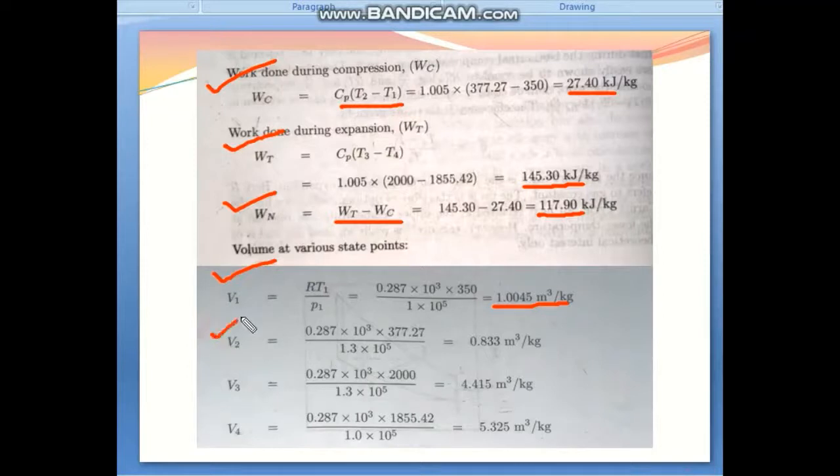Similarly, V2 is R into T2 by P3, V3 is R into T3 by P3, and V4 is R into T4 by P4. So V2 is 0.833 meter cube per kg, V3 is 4.415 meter cube per kg, and V4 is 5.325 meter cube per kg.